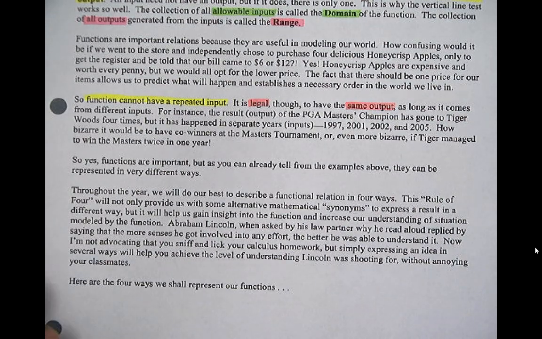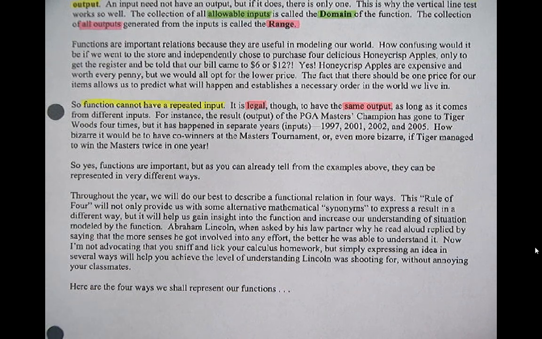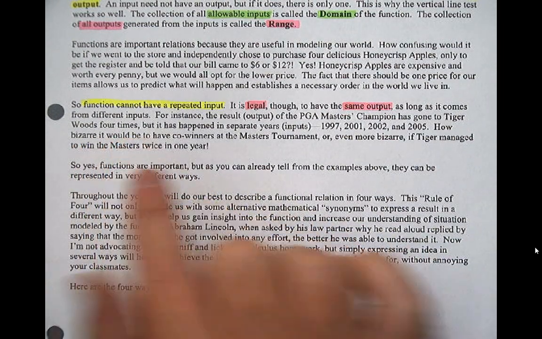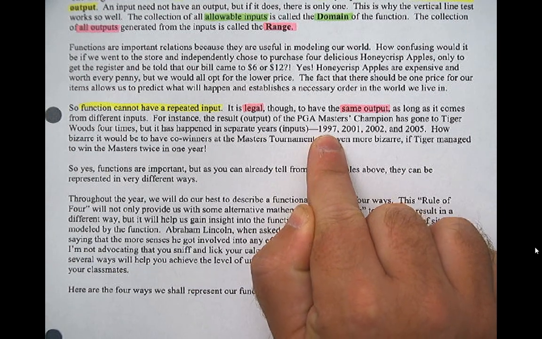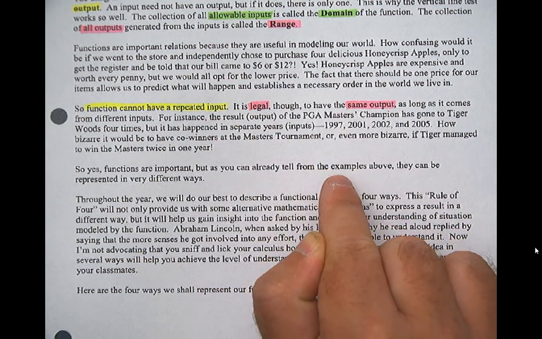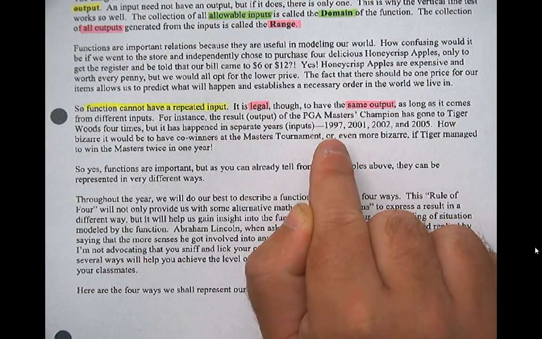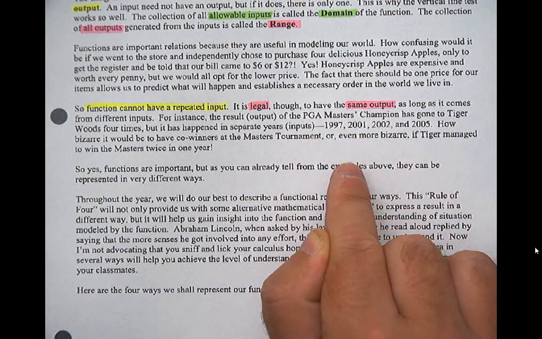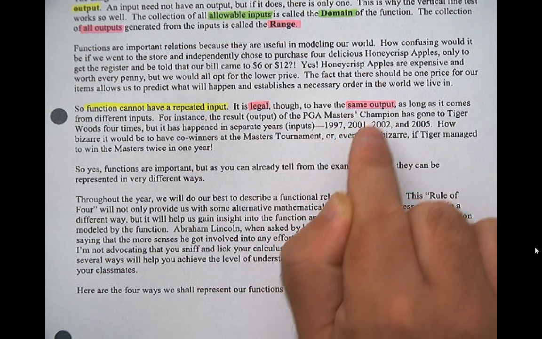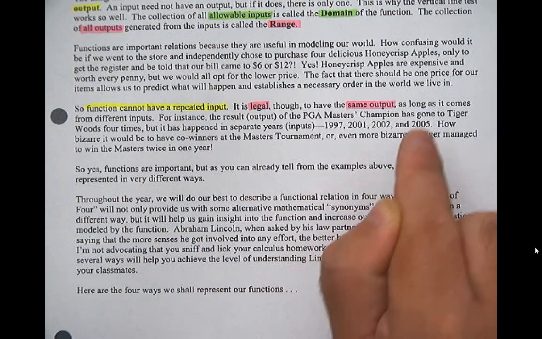So for instance, he uses the example of golf. Tiger Woods has won the Masters 4 different times, but they happened in separate years. So if the input of my function is 1997, the output is Tiger Woods winning. In 2001, that's a different input, but the output, Tiger Woods wins. 2002, he wins. 2005, he wins.